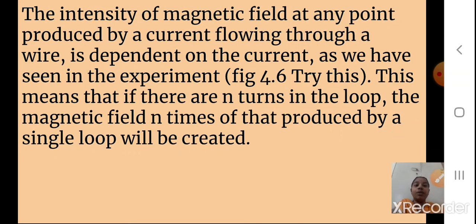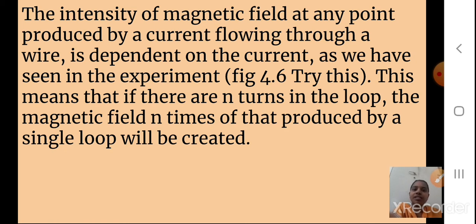So we'll read this out. The intensity of the magnetic field at any point produced by a current flowing through a wire is dependent on the current. We have seen that magnetism and electricity are closely related, as we saw in experiment 4.6.